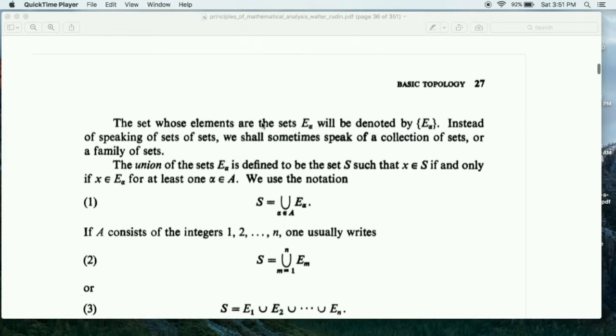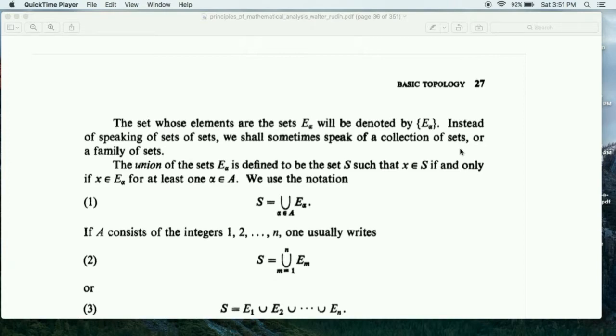Now the set whose elements are the sets C alpha will be denoted by, so this is a set of sets. Now there exist some pathologies concerning a set of sets. So we instead call them a collection of sets or a class of sets, sometimes a family of sets, and so on.